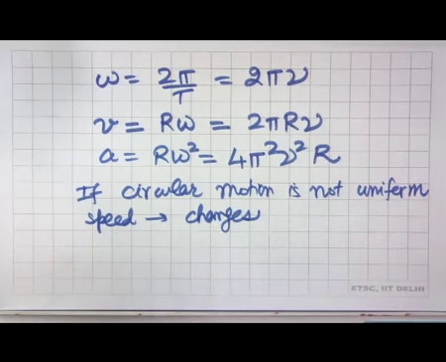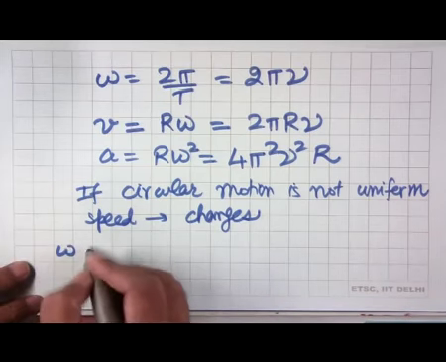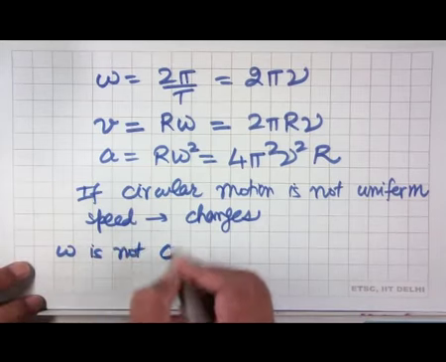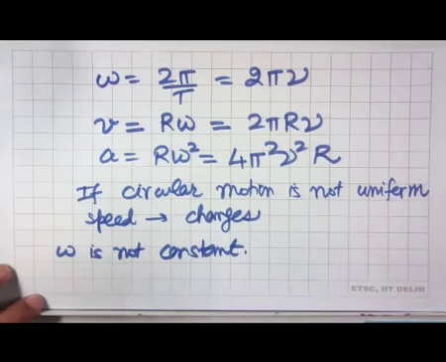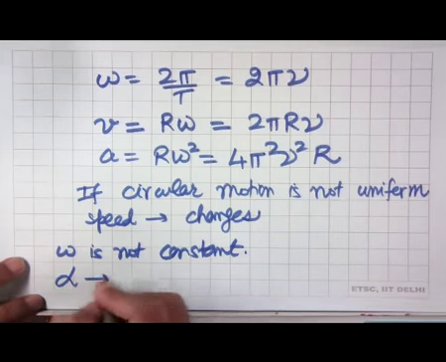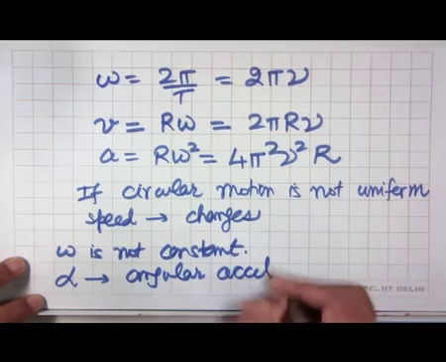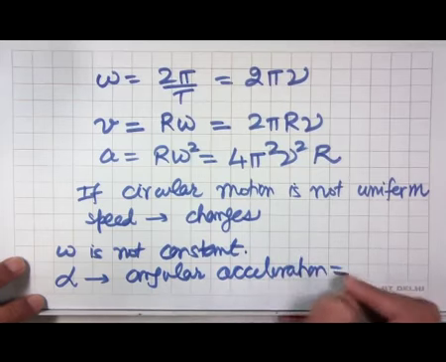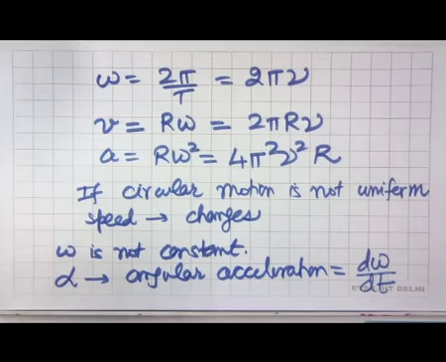So, now if the speed of the particle changes, this will also imply that omega will not be constant, and we can define a quantity called the angular acceleration, which is equal to the rate of change of omega with time.